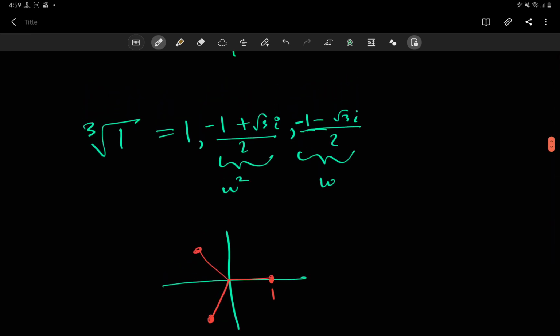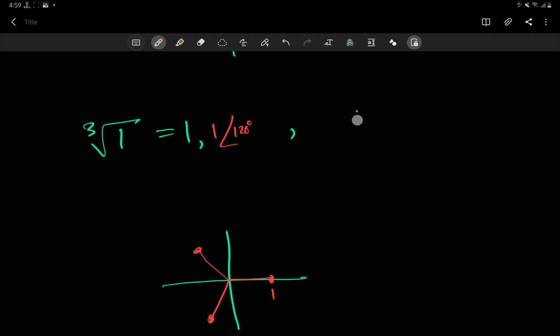Instead of writing it like this, we can easily write this as 1 angle 120 degrees. So let me write it again, 1 angle 120 degrees, and we can write the other as 1 angle 240 degrees or minus 120 degrees, whatever you prefer.